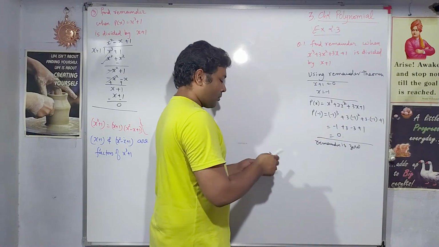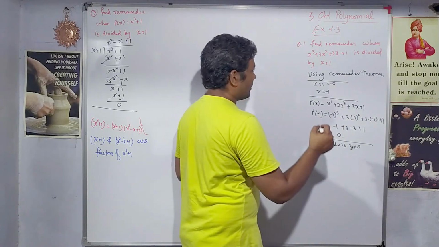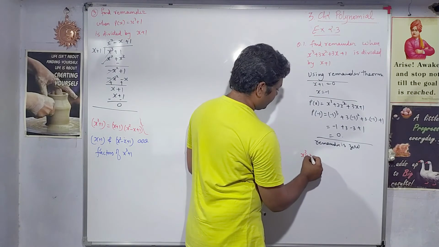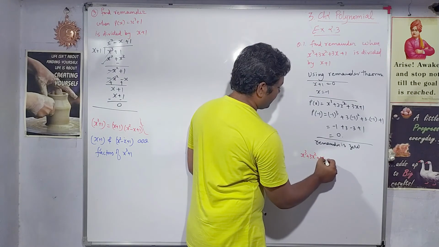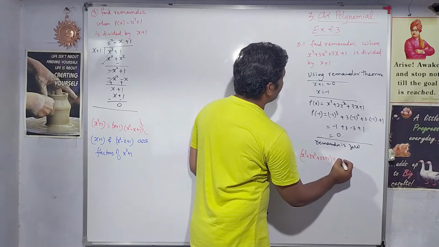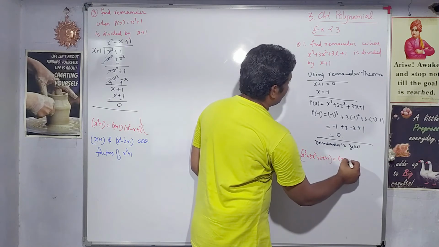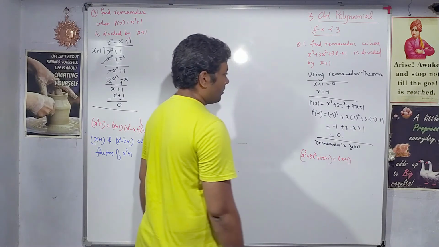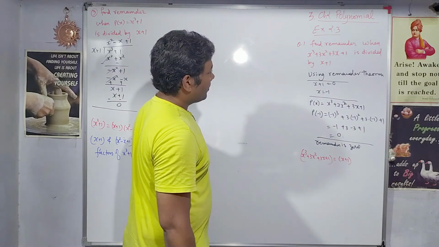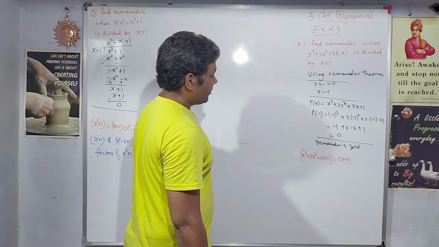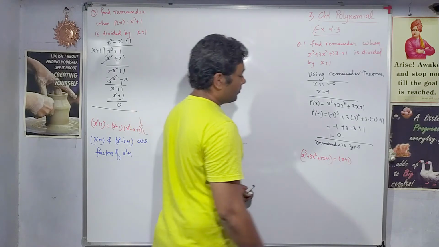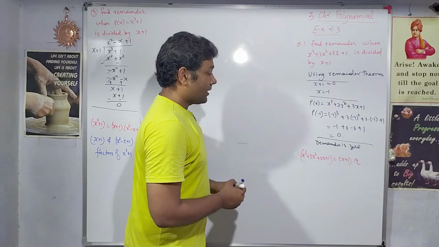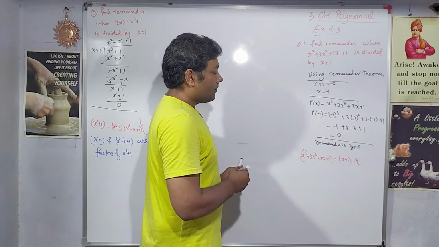Also, as I showed you, in this format you can write that dividend is equal to divisor into quotient. We don't have the quotient here, so to find the quotient we'll have to carry out the long division method.